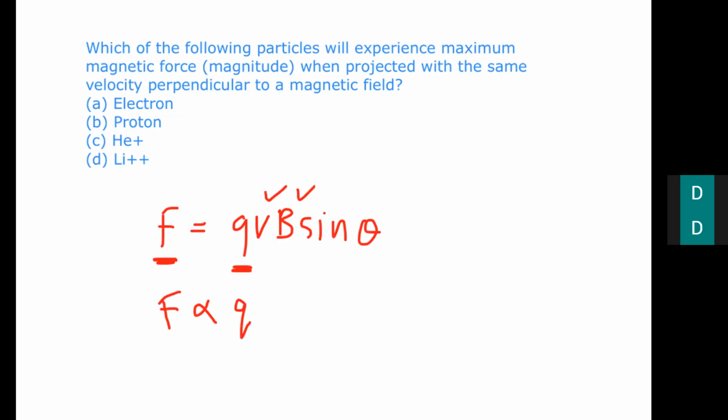V and B are perpendicular, so theta is going to be 90, right? So F is proportional to Q. Q is maximum for lithium. It is plus plus, that means it's +2 charge. So that's why the force here will be maximum for lithium. So the answer to this question is going to be lithium.